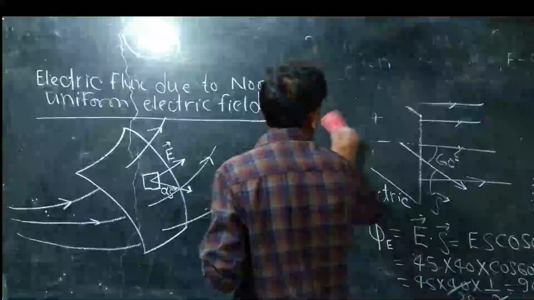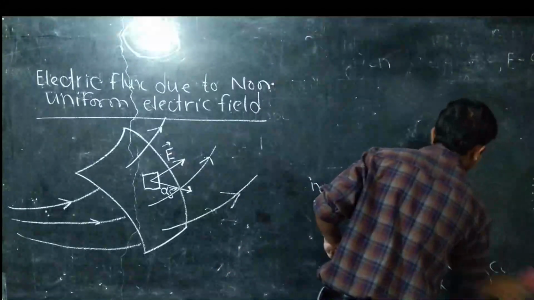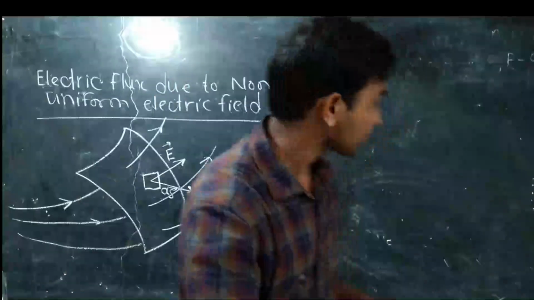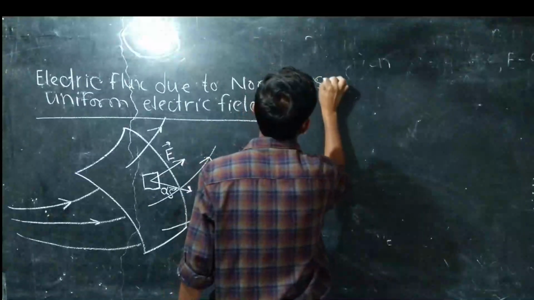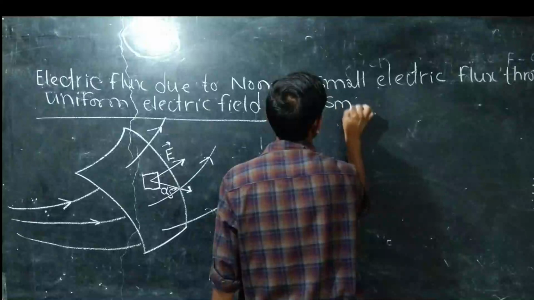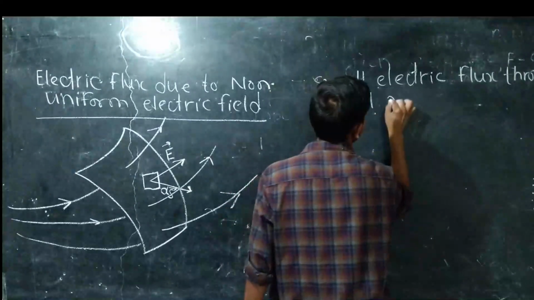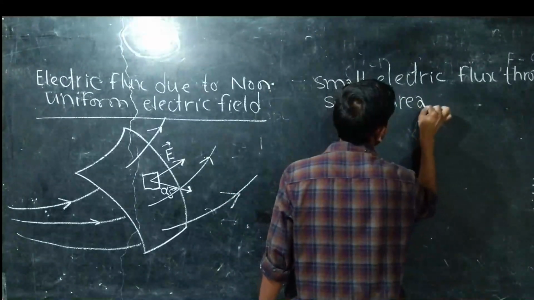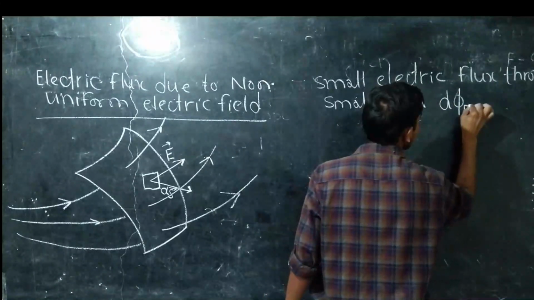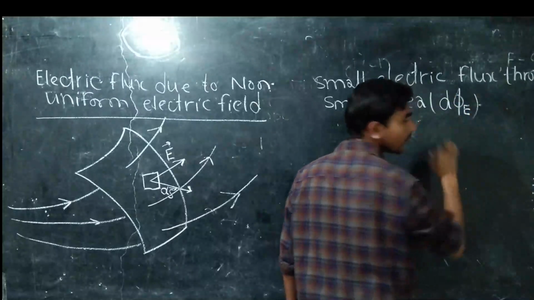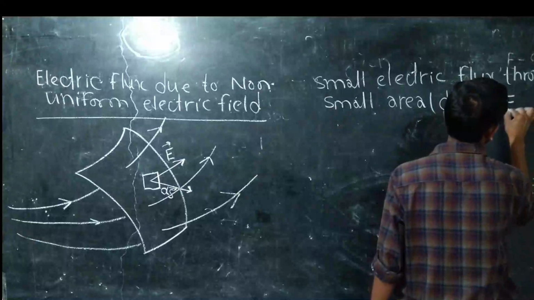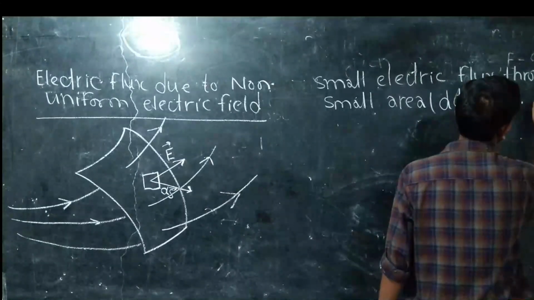So I am writing here: d phi E is equal to E dot dS.